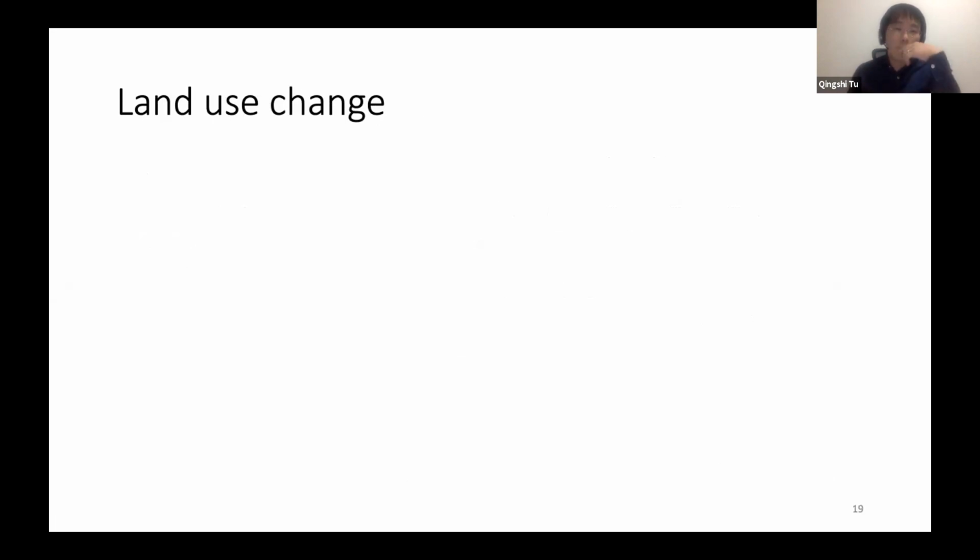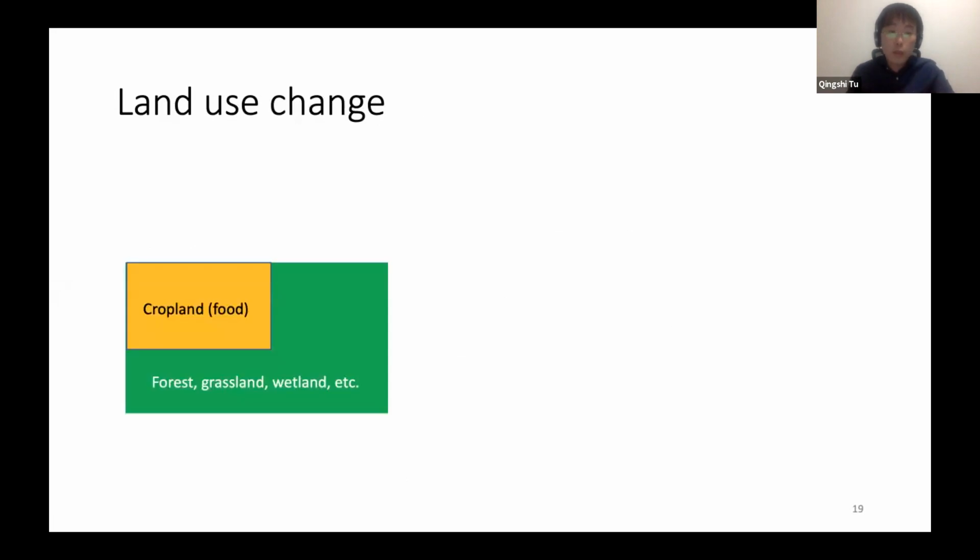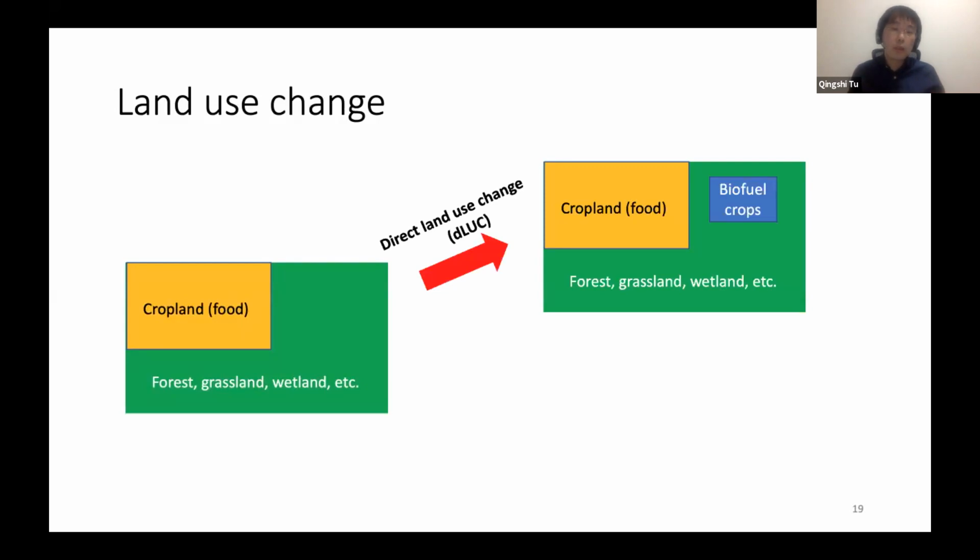There's another topic I would like to talk about, which is land use change, which itself can be a one hour presentation as well. So quickly, let's say we have a cropland which you grow food crops on, and then you have forest land, right? Direct land use change means that you take part of the forest, let's say, to produce biofuel crops, which is straightforward.